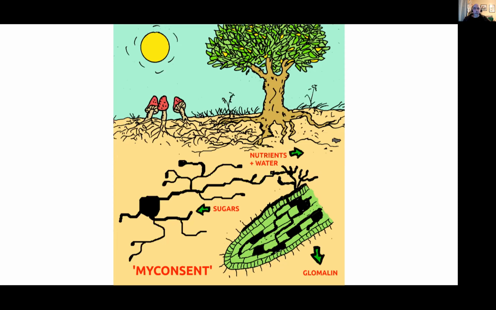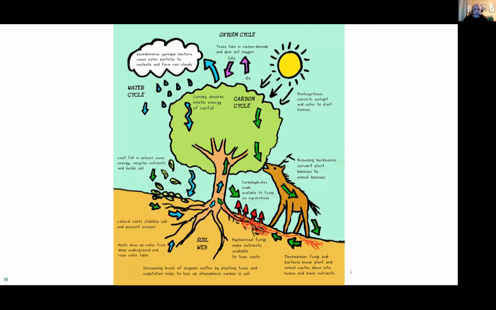I think there's also research that if a browsing animal, a deer, actually, I'll move on to the next picture. So there's our deer that's browsing on the tree and causing some damage by eating the leaves, and it can actually send a message to other trees that, hey, this browsing mammal is on the way.